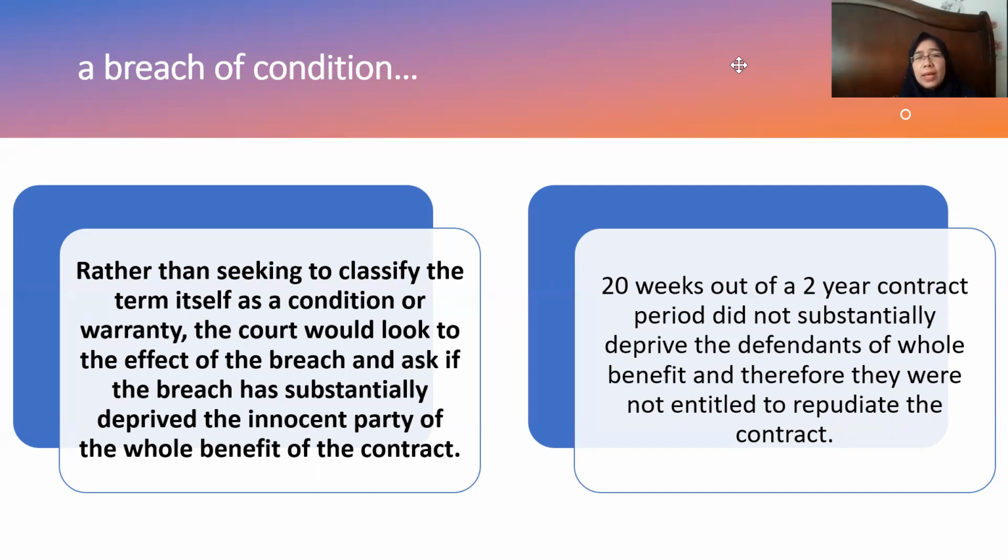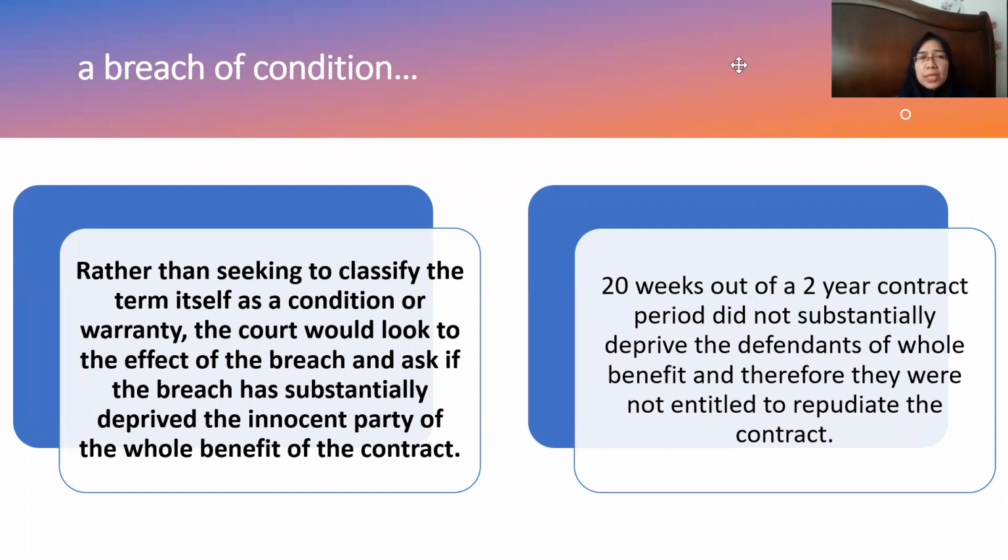The court came to the conclusion that 20 weeks, out of a 2-year contract of 24 months, did not substantially deprive the defendants of the whole benefit. Why? The ship can still sail later, seaworthy later. Therefore, they were not entitled to repudiate the contract, cannot put an end to the contract, but can ask for monetary compensation.